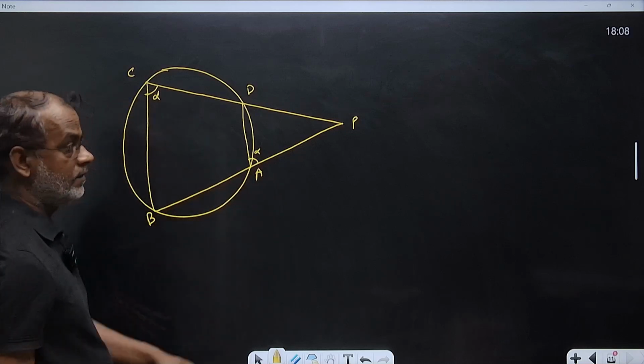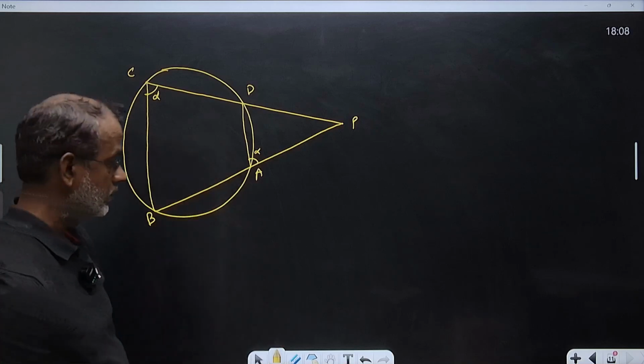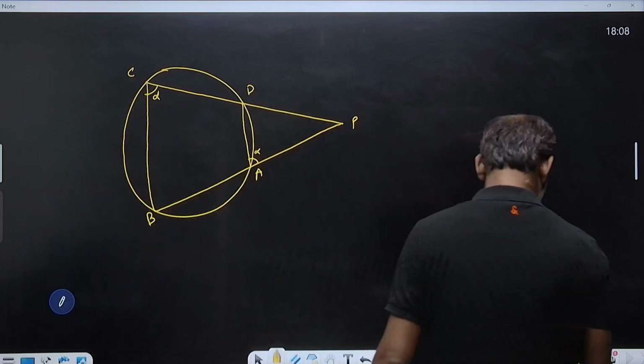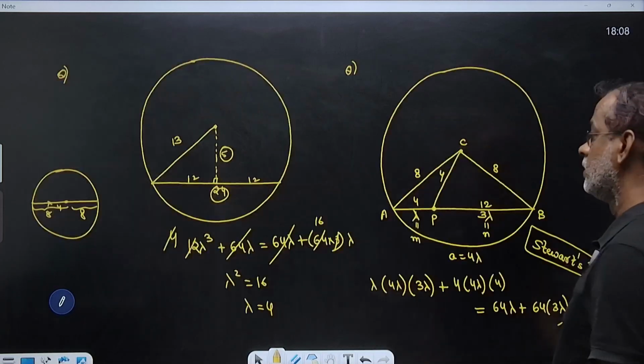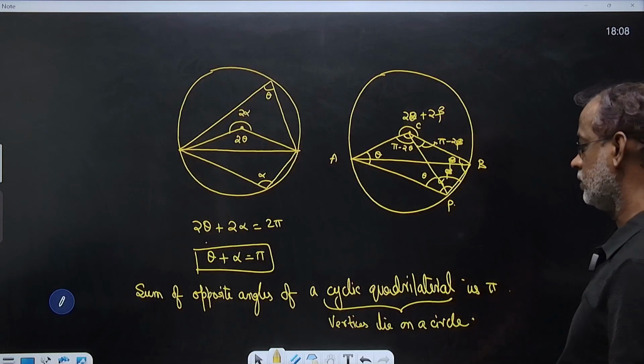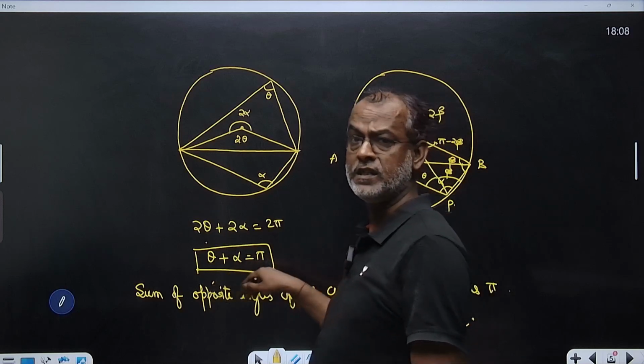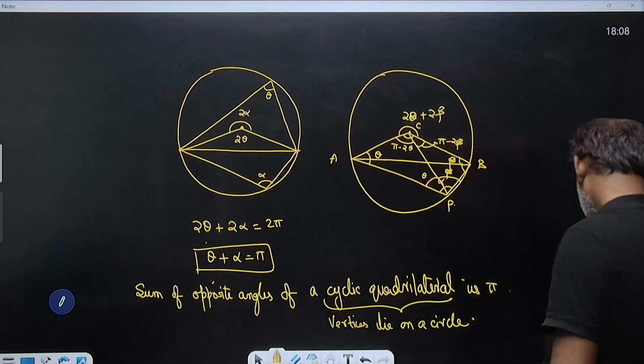We just went through this. If this is alpha, this is pi minus alpha. Okay, just now if this is theta, this is alpha, their sum is pi. So, if one is theta, the other is pi minus theta.